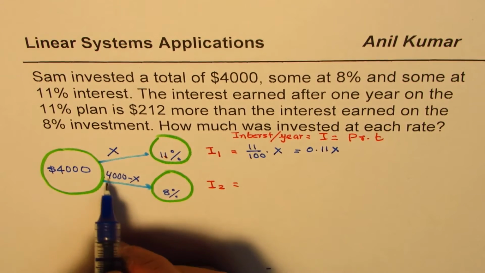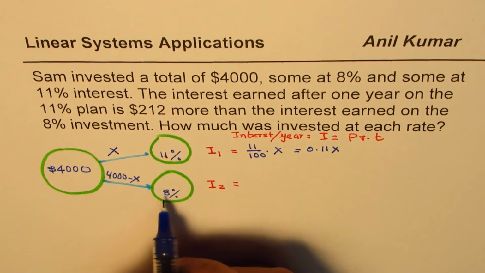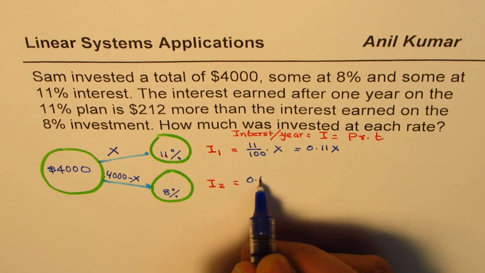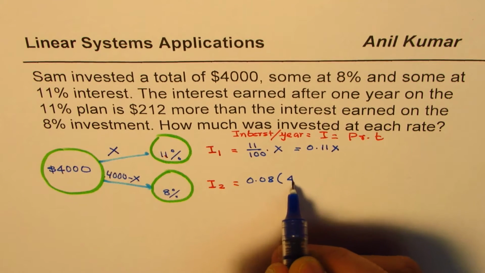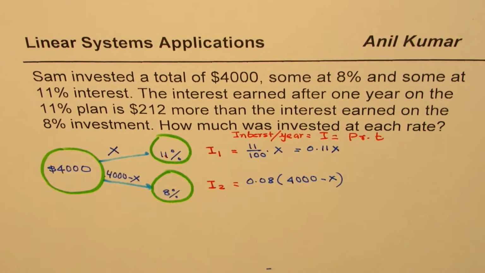I2, the interest of so many dollars at 8%, will be 8 over 100, or let me do a shortcut here, 0.08 times 4,000 minus X. That is what you get.